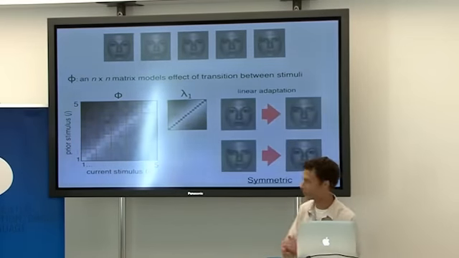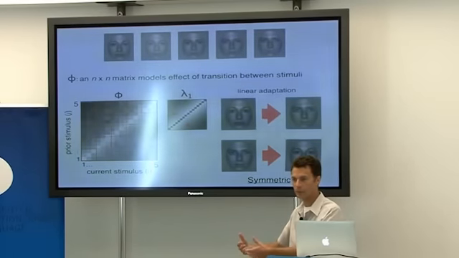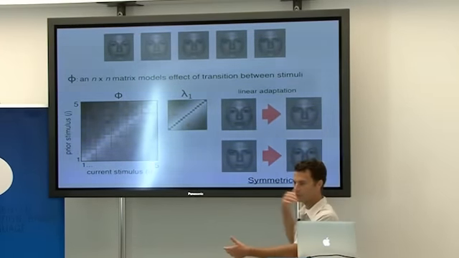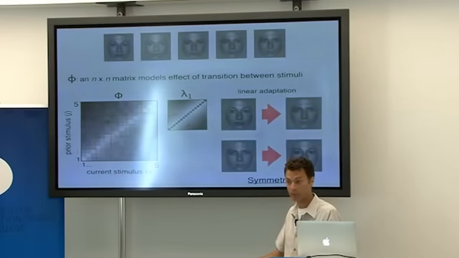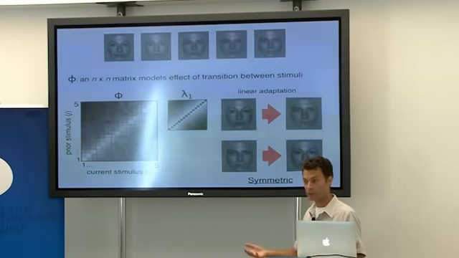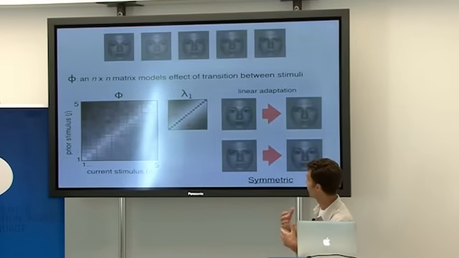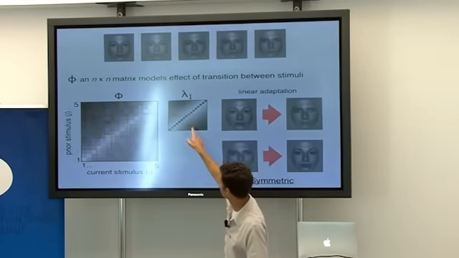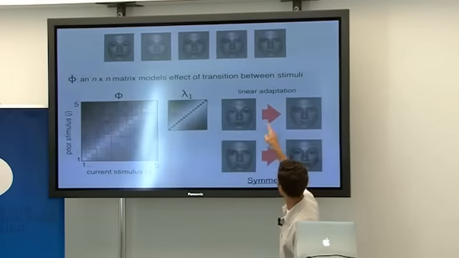So just for example, one type of carryover effect, one modulatory effect of the prior stimulus upon the current stimulus might be neural adaptation. Okay, so that's one type of modulatory effect that many people are interested in. So a linear adaptation just means that the value in this matrix is proportional to how different these two stimuli are.